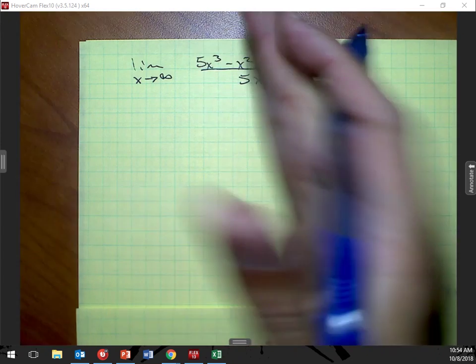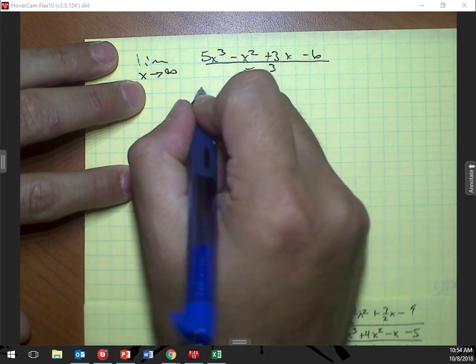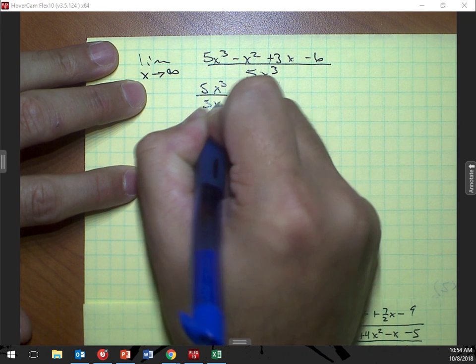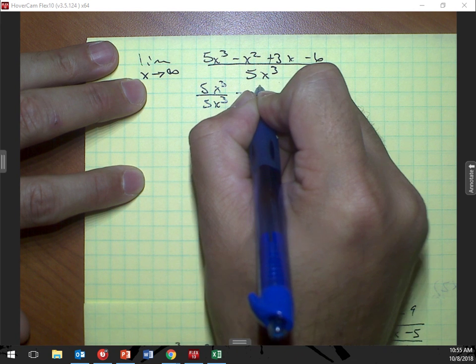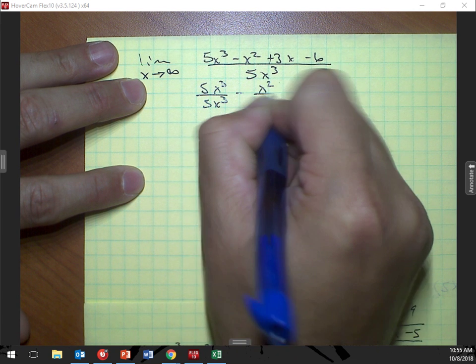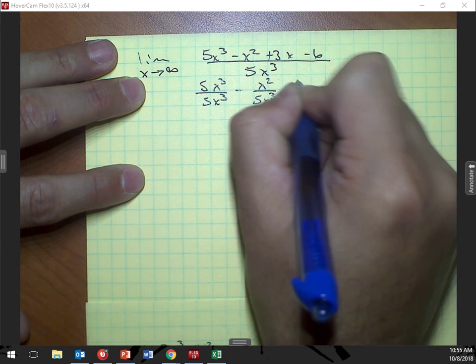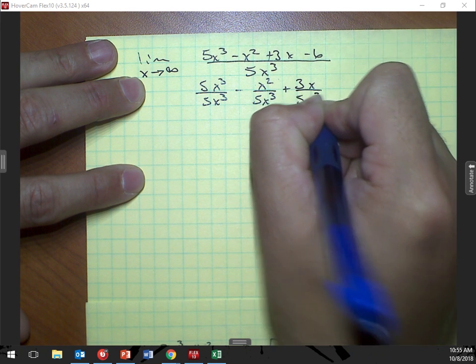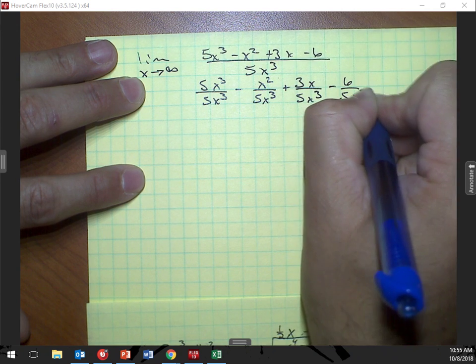I'm going to take each term and put it over this. So that's going to become 5x cubed over 5x cubed minus x squared over 5x cubed plus 3x over 5x cubed minus 6 over 5x cubed.